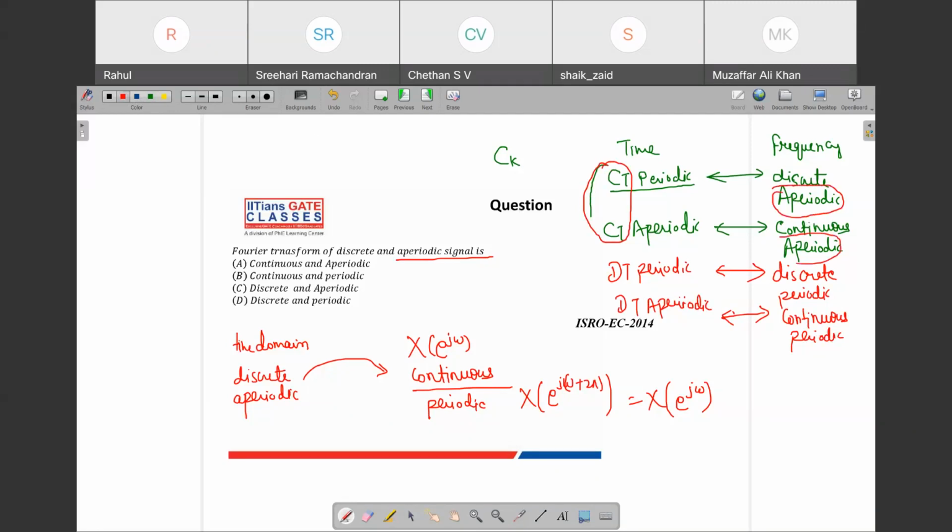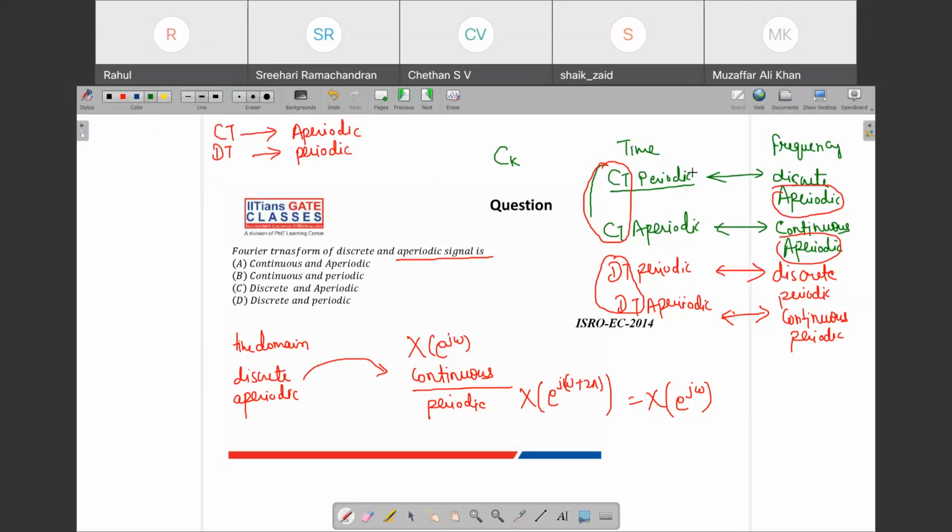So whenever the signal is continuous time, the frequency domain signal will always be aperiodic. Now whenever the signal is discrete time, in the frequency domain it will be periodic.